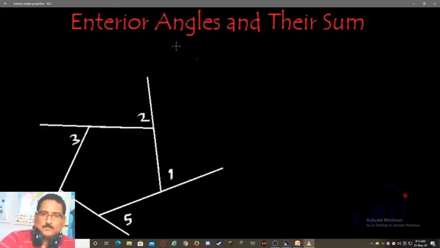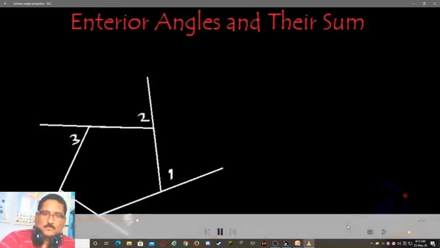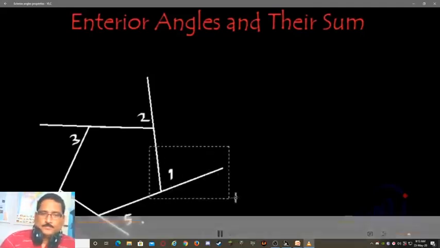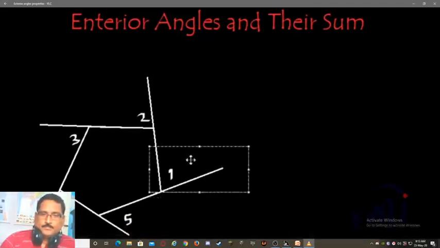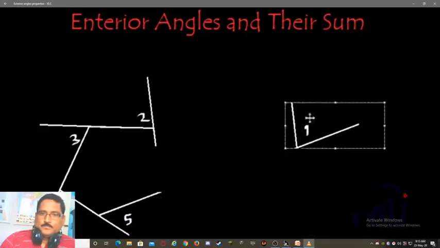Okay? And what we have to do next? Next, I am going to cut these angles one by one and assemble all of them in such a way that their vertices coincide at one point, right? So first let me cut angle number 1. I'll cut it from here, right? Let me move it over here.